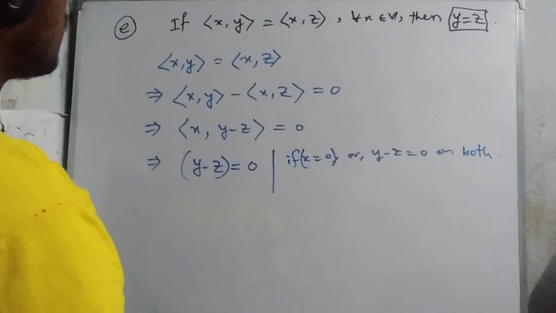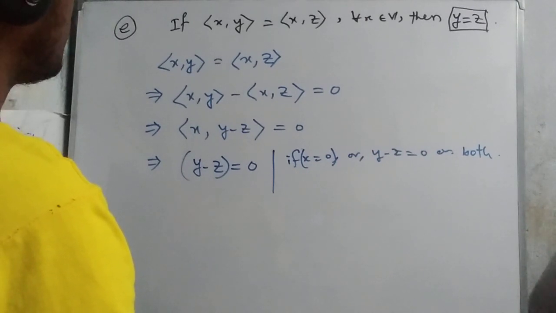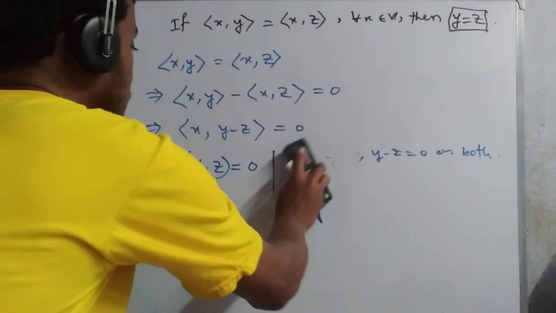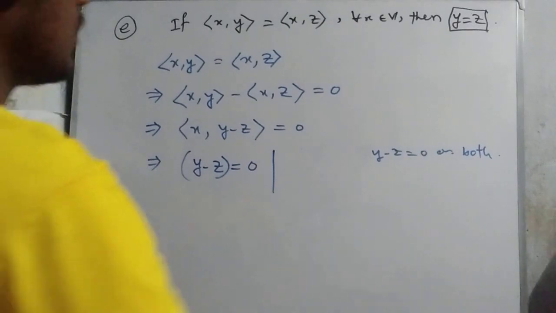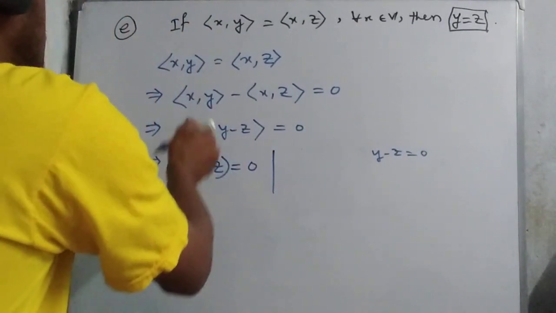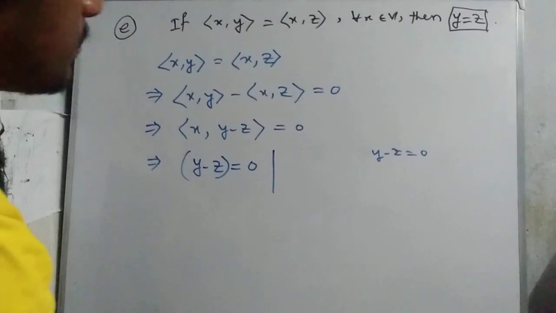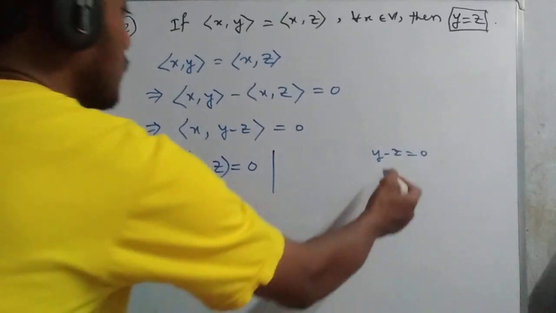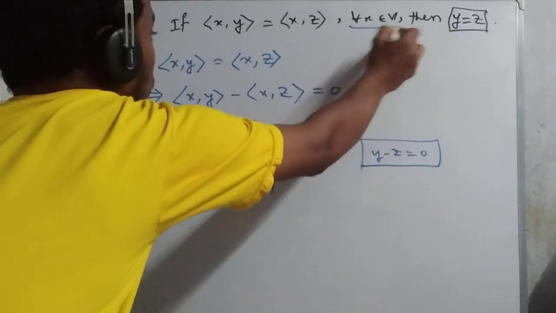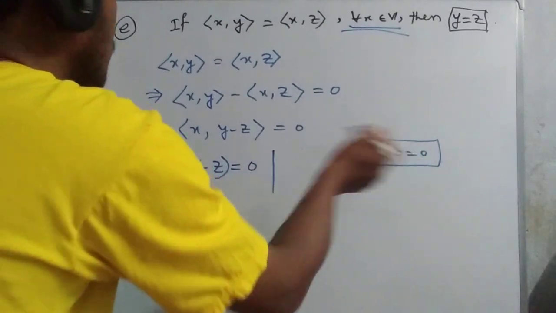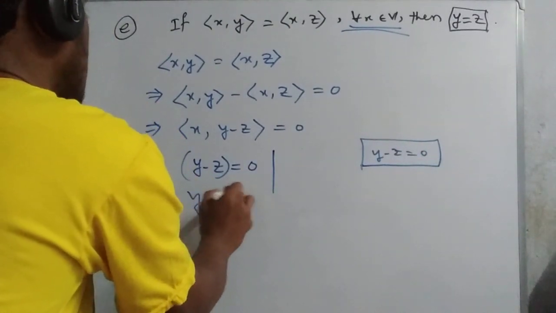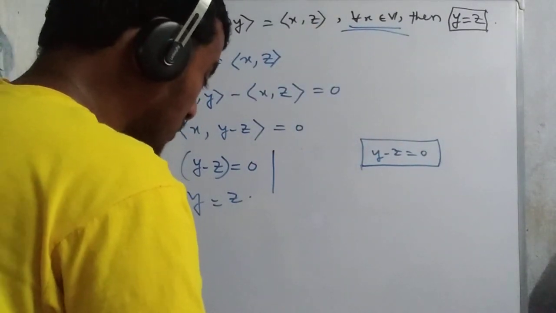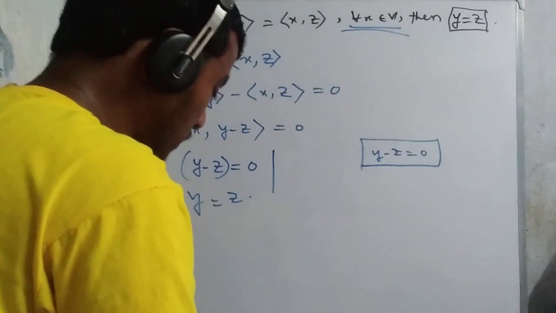But if it holds for all x, then x equal to 0 will not be constant. Why? Because if just x is not 0, then this one becomes 0, because for all x this one holds. So this one means y equals z. Understood? And obviously if we want to write the reverse, this is not a problem at all.